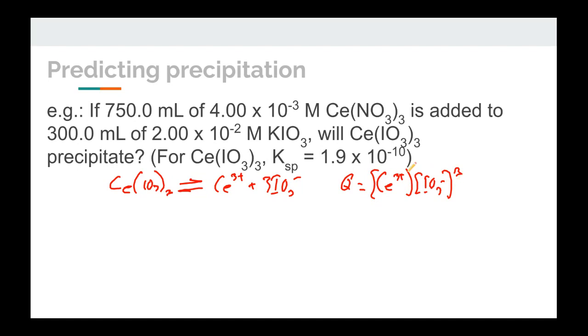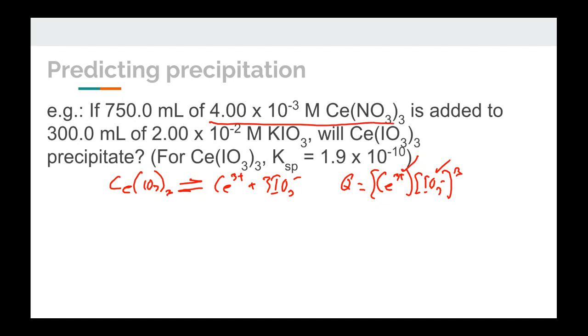So we have to find out what is this concentration and what is this concentration in our mixture. Ce(NO3)3 is completely soluble, and so the concentration of Ce3+ is going to be the same as the concentration of Ce(NO3)3.